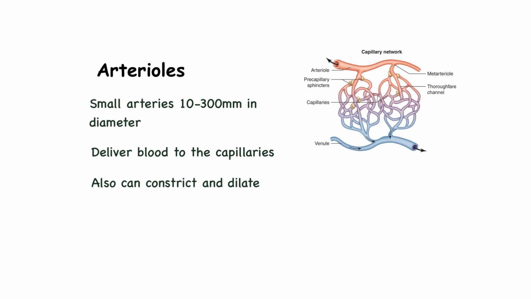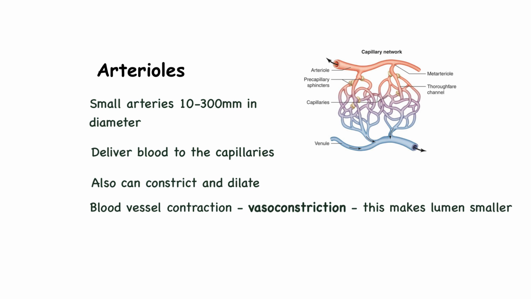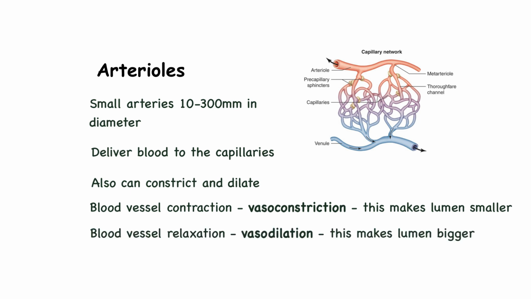Contraction or constriction of those vessels is going to cause vasoconstriction. When the blood vessel contracts, it causes vasoconstriction, and when they relax, it's going to open up and allow for vasodilation to happen. So this can really help regulate the blood flowing into an area.